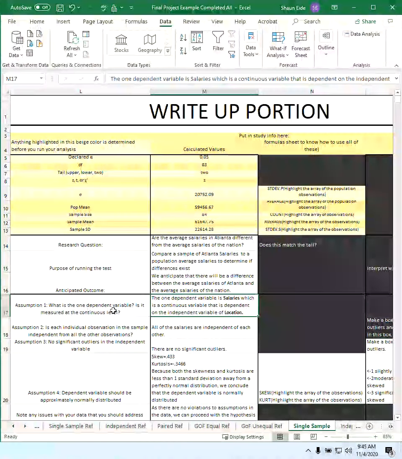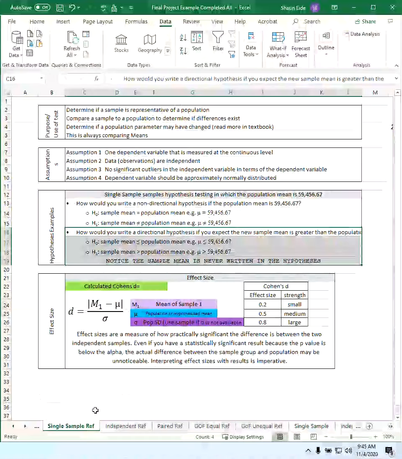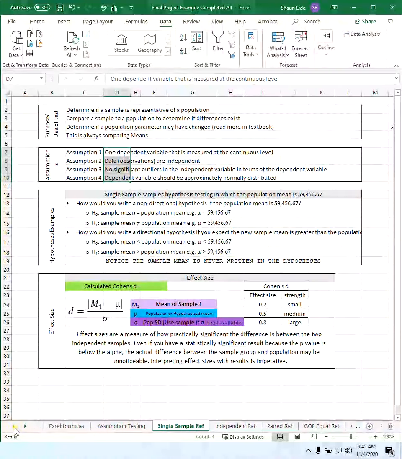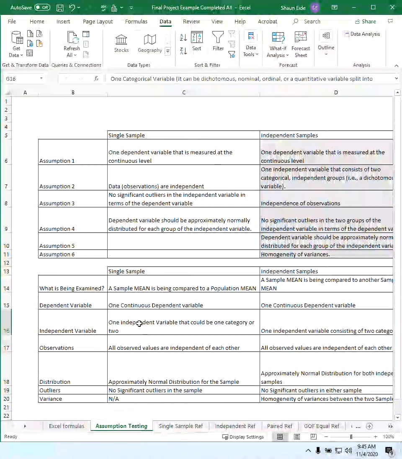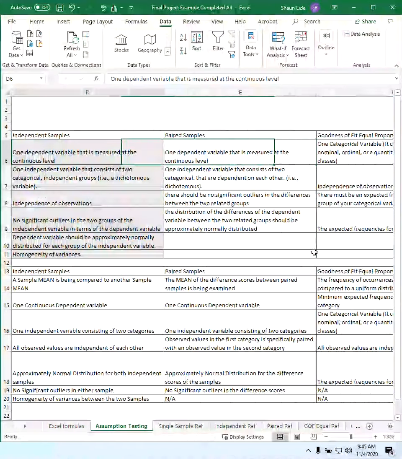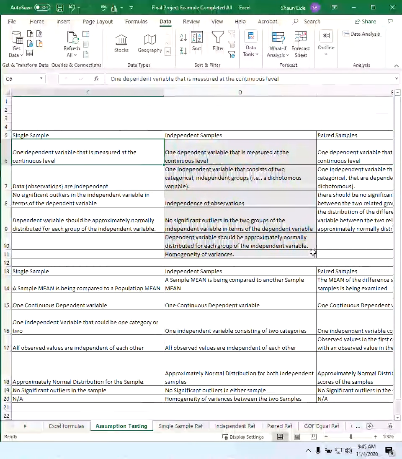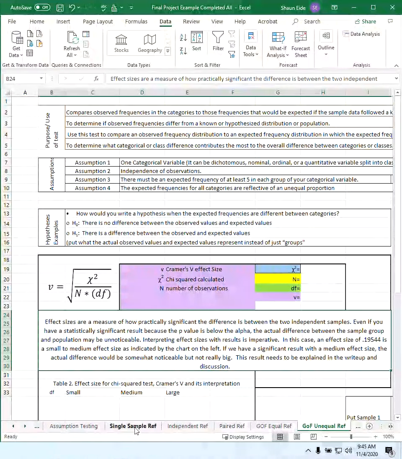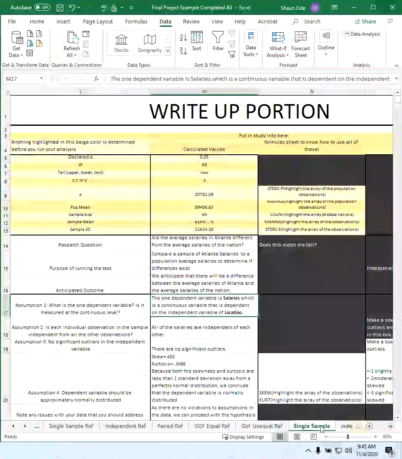Assumptions. So once again, the assumptions are all listed explicitly right here, and they are also listed with more detail right here. And then in your book they give you even more detail on all of them. So you know what an assumption is: in order to be able to run a particular test, your data has to meet certain standards, right?